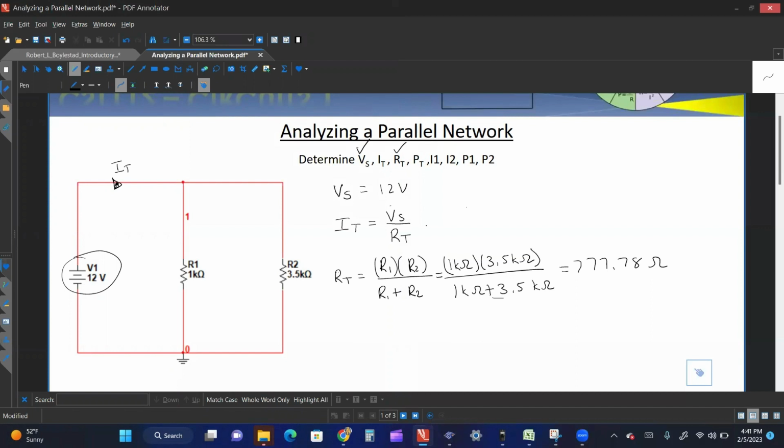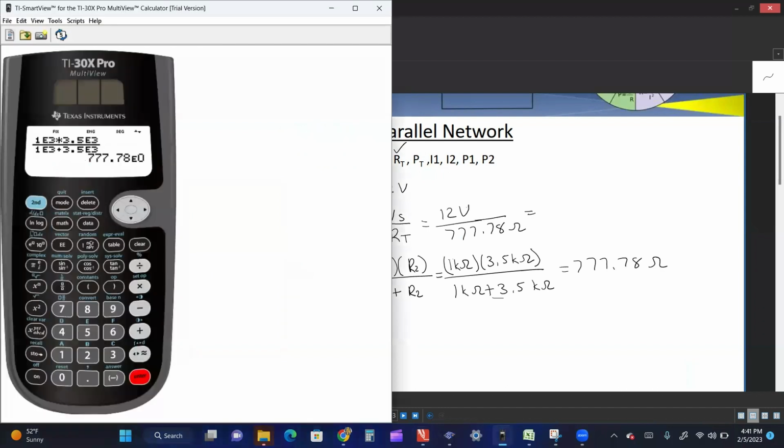And so now we can plug our total back into this equation right here to find I total. So we got Vs, which is 12 volts divided by 777.78 ohms. And so, pull the calculator back up.